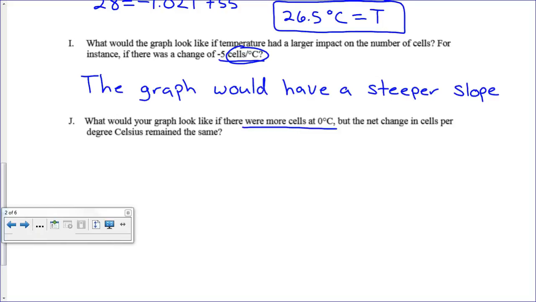So in this case, it says more cells at 0 degrees Celsius, which means that our vertical intercept would be higher. And then it said the net change in cells per degree Celsius. And again, this is written out in words, but we're looking at cells per degree Celsius, which is your slope, all right? And it says that remains the same. So what we have here is a higher vertical intercept, but we have the same slope as our original graph.